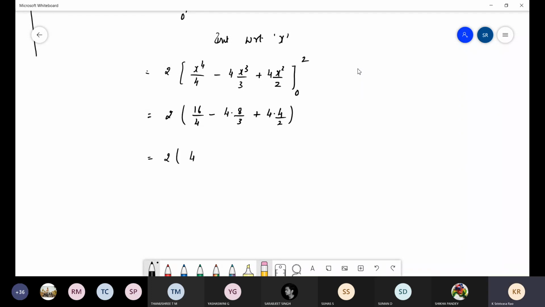This is 4 for the first term, minus 8 4s are 32 by 3, plus 2 1s are 2 2s are 8. What is the answer? 3 is the LCM. 8 by 3. Final answer.